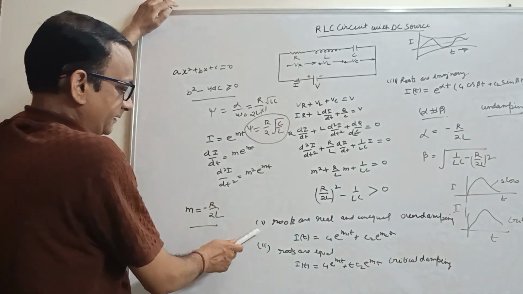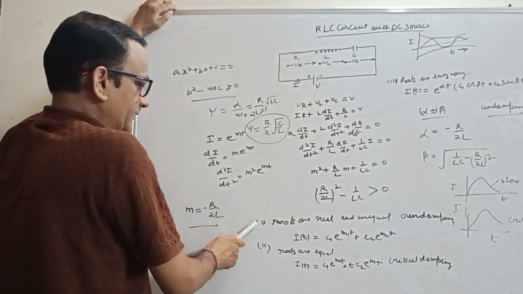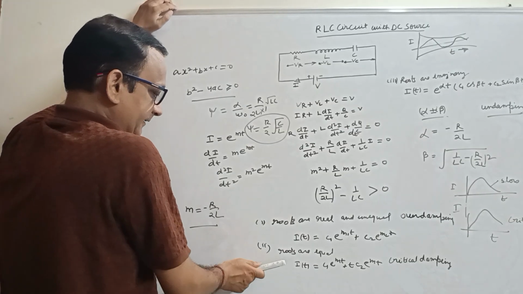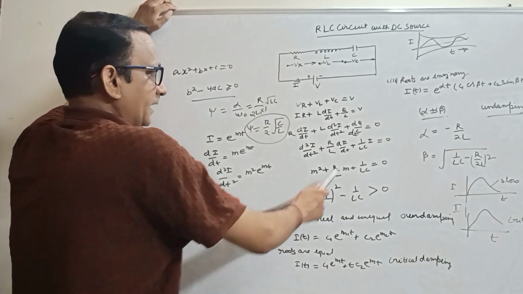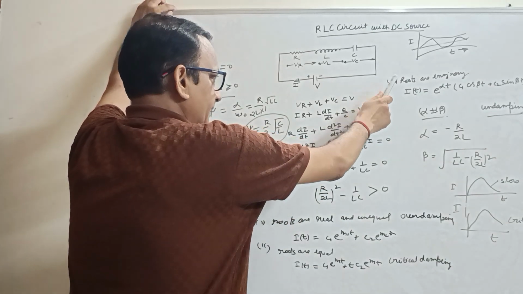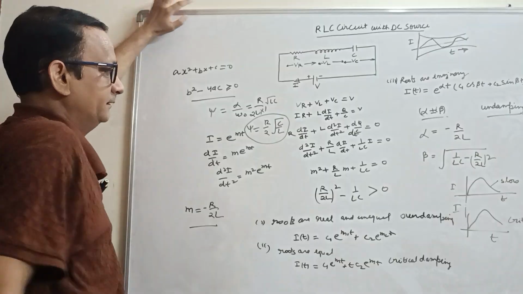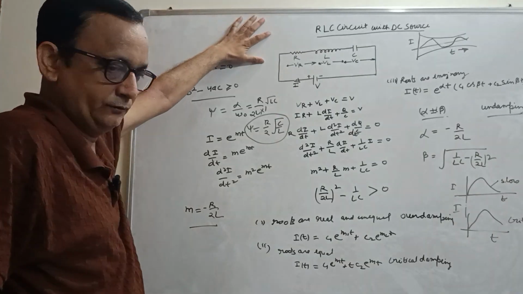For one condition the damping ratio is greater than 1, for another condition it is equal to 1, and for the other condition it is less than 1. This is the LRC circuit with DC source.